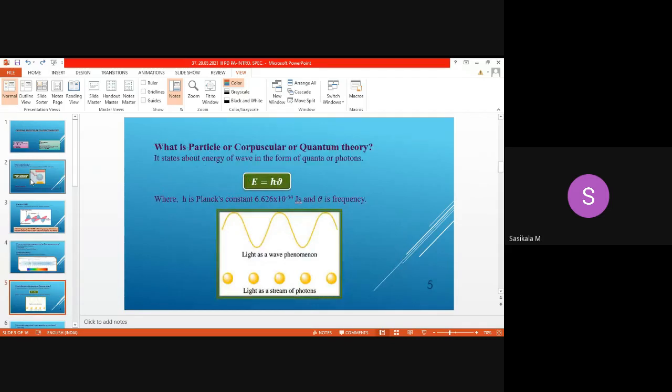It is the characterization of a wave. And what is particle theory? It is a quantum theory, composed of quanta or photons. You can observe the wave form and the photon form, the particle form, of light, electromagnetic radiation.